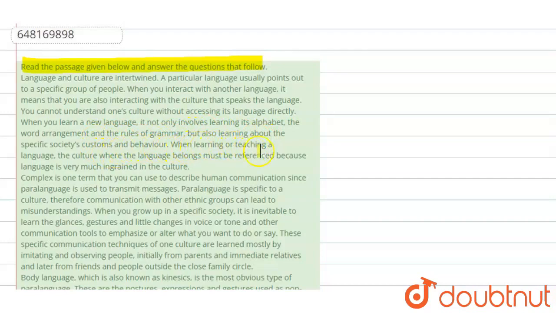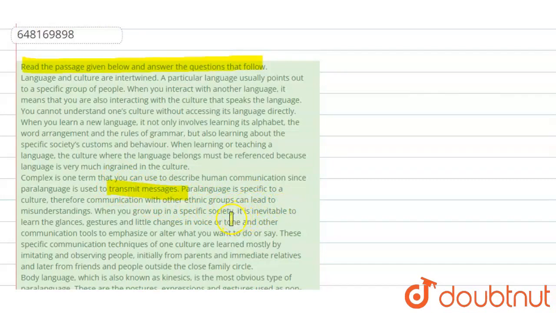When learning or teaching a language, the culture where the language belongs must be referenced because language is very much ingrained in the culture. Complex is one term that you can use to describe human communication, since paralanguage is used to transmit messages. Paralanguage is specific to a culture, therefore communication with other ethnic groups can lead to misunderstandings.